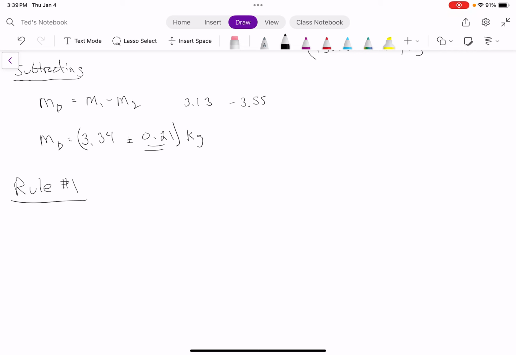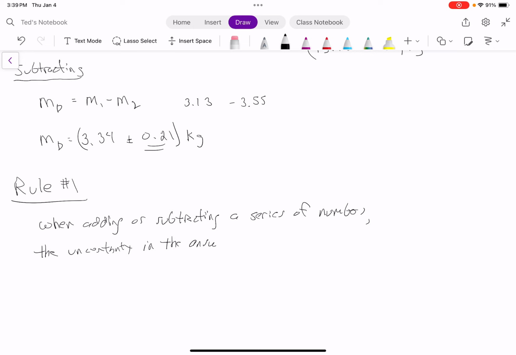Rule 1 says, when adding or subtracting a series of numbers, the uncertainty in the answer is the sum of the individual uncertainties.